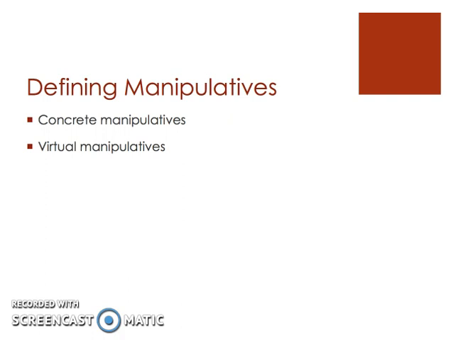Concrete manipulatives are physical objects that teachers and students use to discover mathematical concepts, or objects that can be touched and moved around and rearranged in order to demonstrate their understanding. Some authors actually refer to models such as pictorial representations as concrete manipulatives as well.